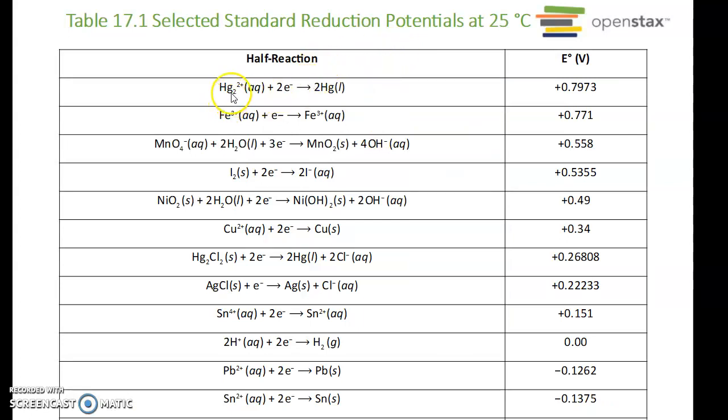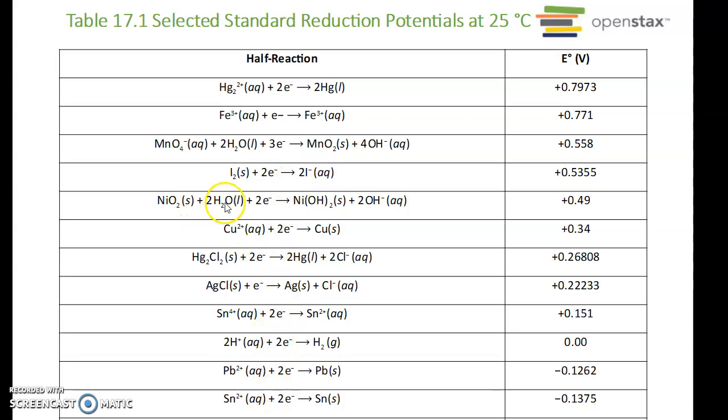This is mercury 2. Now there is one mistake on this table. I don't know if it's repeated in your book or not, but this has 3 plus. This should be 2 plus over here. Okay. If you add an electron when it's 3 plus, it becomes 2 plus. The other ones look the same.